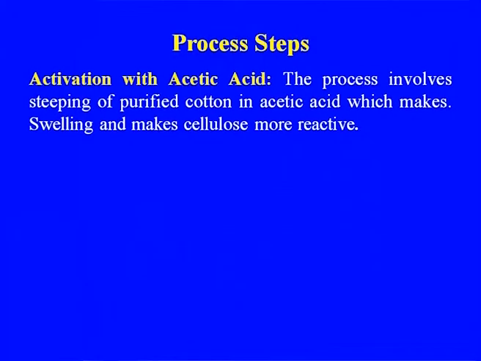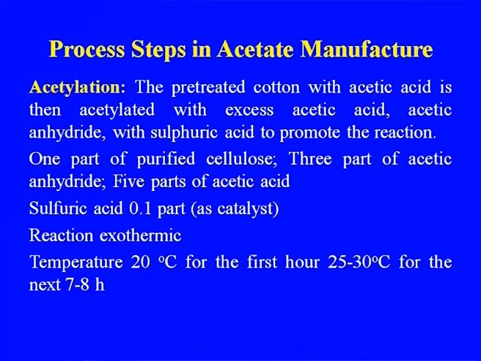Activation with the acetic acid: the process involves steeping of the purified cotton in acetic acid, which makes it swell and makes the cellulose more reactive. So, that was the purpose of the activation with the acetic acid. Acetylation, already we discussed this part: the pretreated cotton is acetylated with excess acetic acid and acetic anhydride with sulfuric acid to promote the reaction.